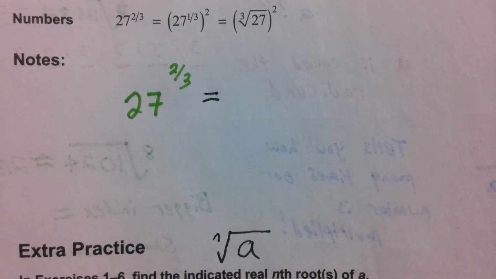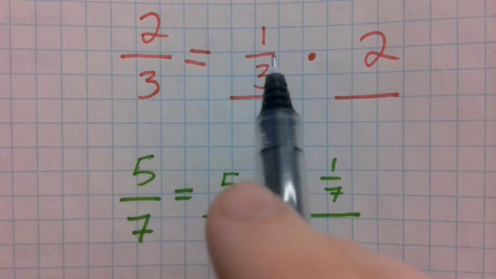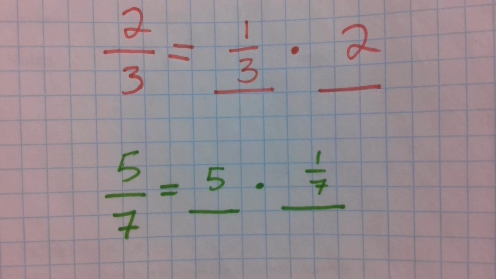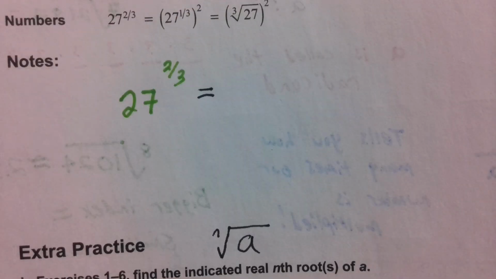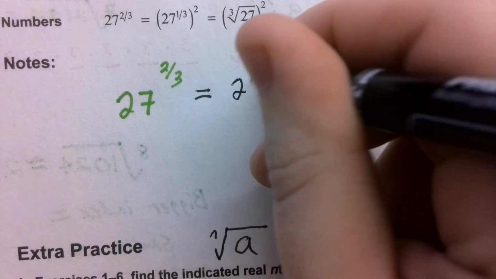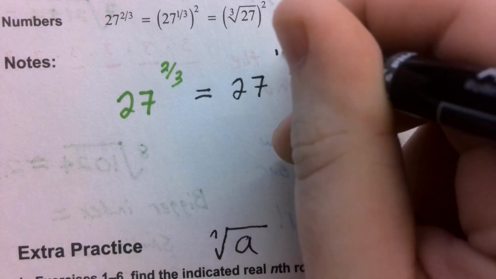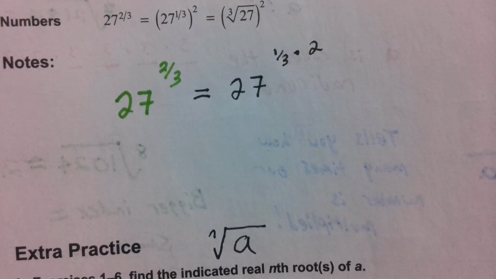There was a reason, a method to my madness before with asking you questions like these. How can I write 2/3 as two numbers being multiplied together? We said we could write it as 1/3 times 2. So let's rewrite it as 27 to the 1/3 times 2.